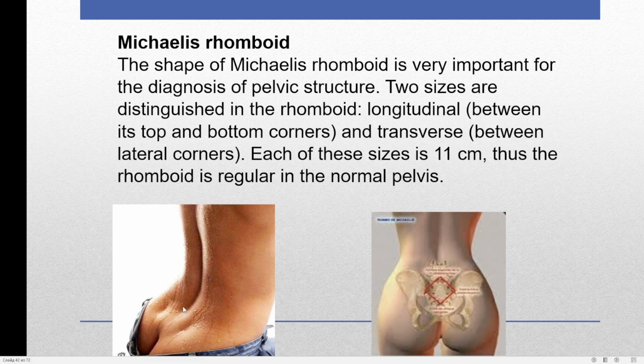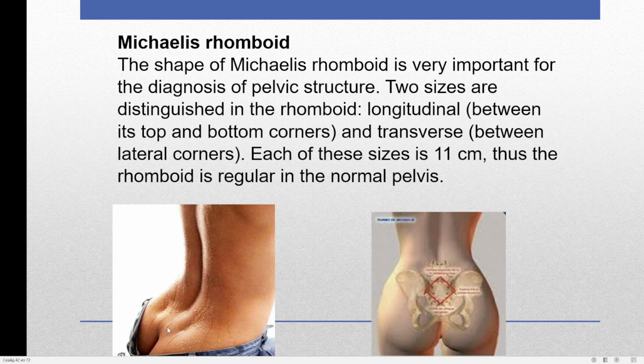I must say that the upper part is the joint of L5-S1, the lower part is the tip of the sacrum, and the lateral angles are the spinae iliacae posteriores superiores.